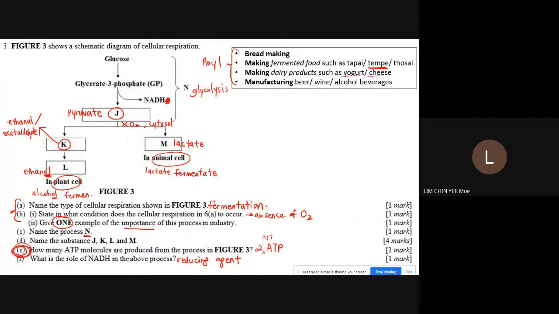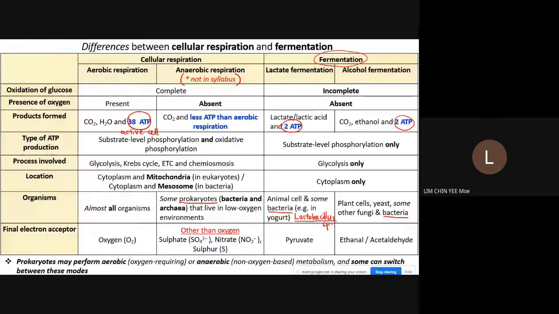This one, according to the answer scheme given, is 4 ATP. According to the answer scheme that year. But I don't know whether they would accept 2 net ATP. Class, I would suggest that only when we do comparison do we write 2 ATP. For the others, maybe write 2 net ATP, or like this question, if it is glycolysis, then we put it as 4 again. But during the comparison that Miss showed, for comparison you just write 38 and then 2.